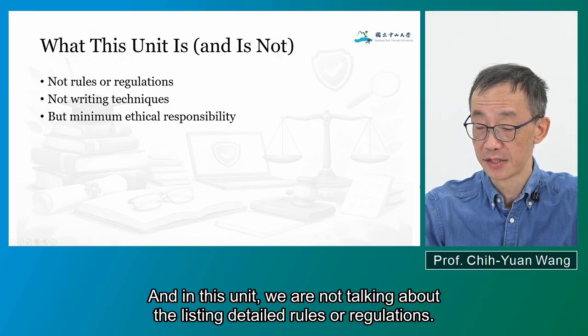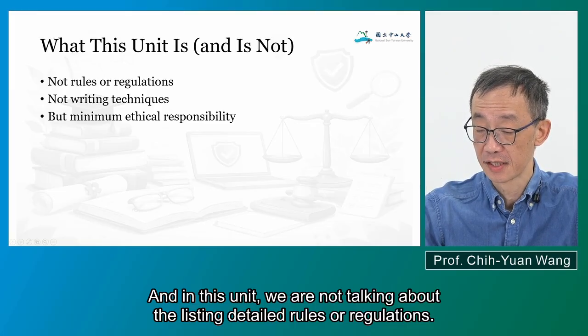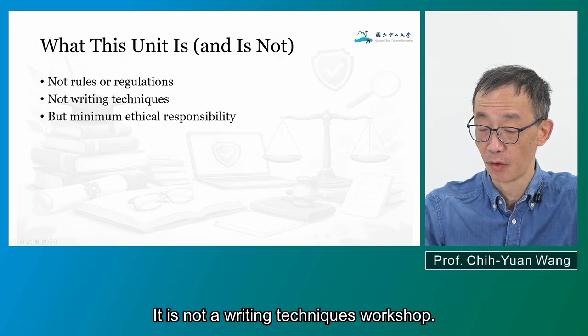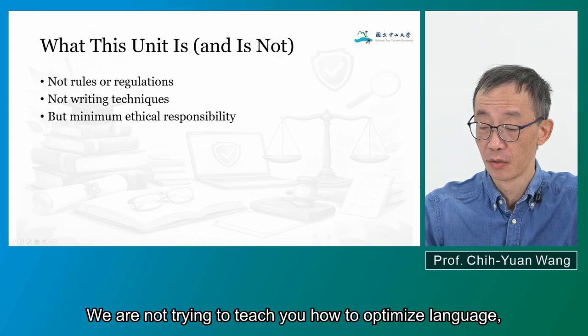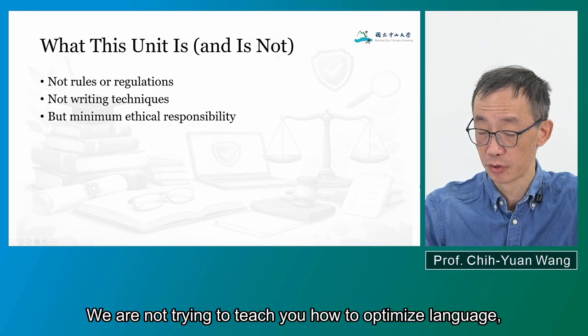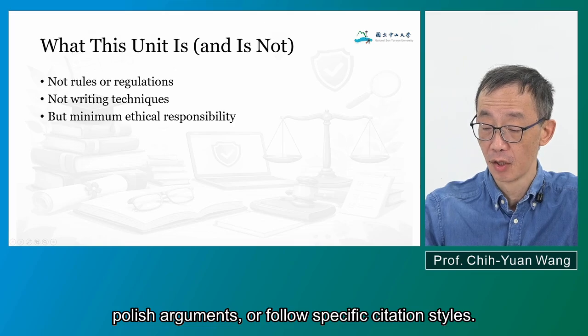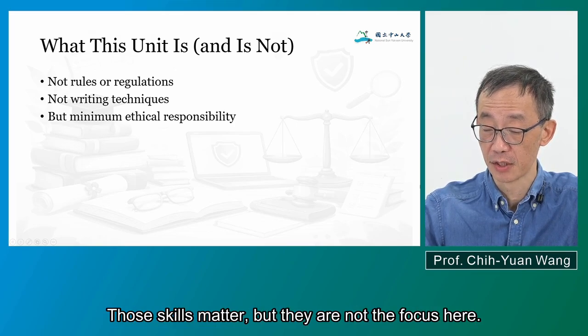In this unit, we are not talking about listing detailed rules or regulations. It is not a writing techniques workshop. We are not trying to teach you how to optimize language, polish arguments, or follow specific citation styles. Those skills matter, but they are not the focus here.